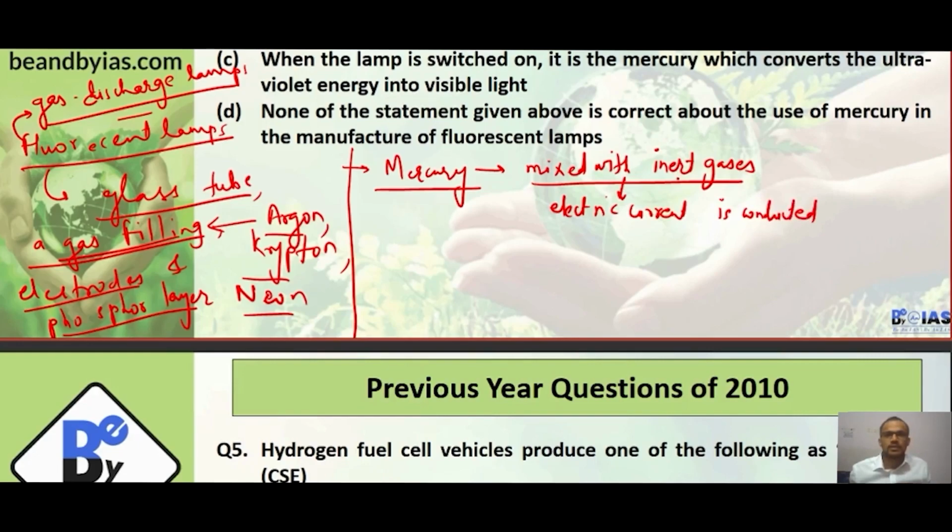See, these inert gases do not have free electrons, and hence it is very difficult for them to conduct electric current. That's why, in order to make sure that these gases conduct electric current, we mix mercury with them. Fine. And as this mercury is mixed with these inert gases, this allows the gases in the tube to glow with UV light.